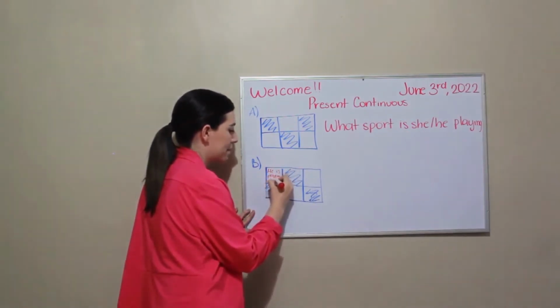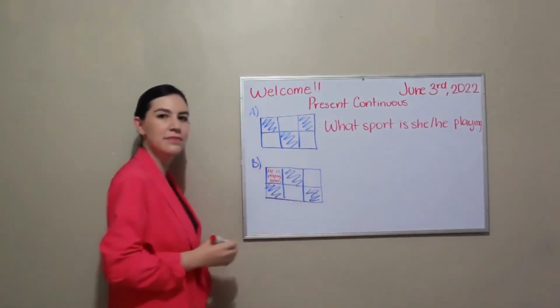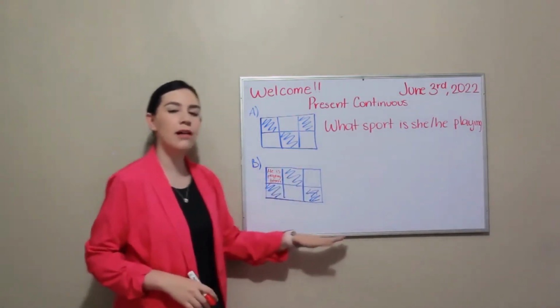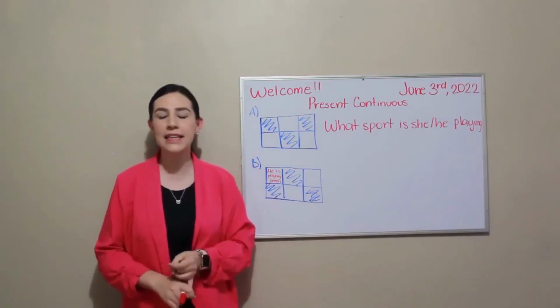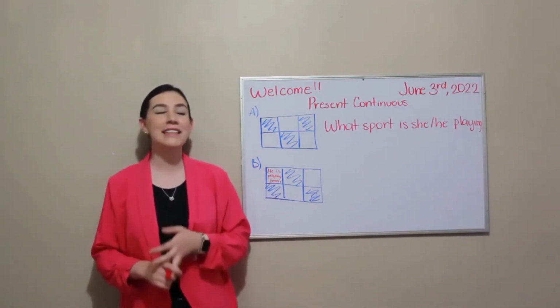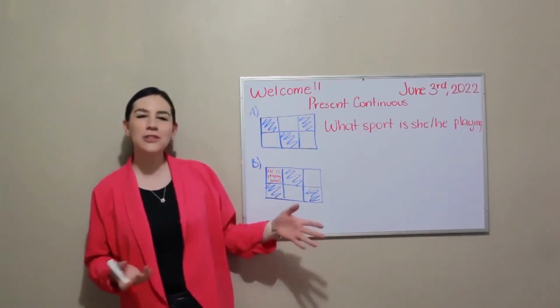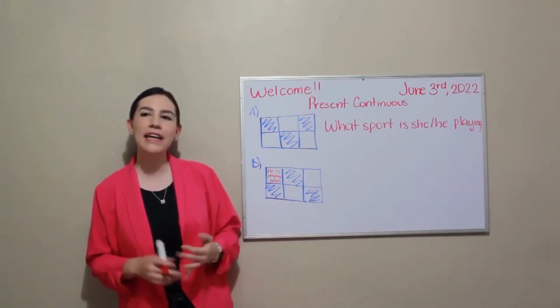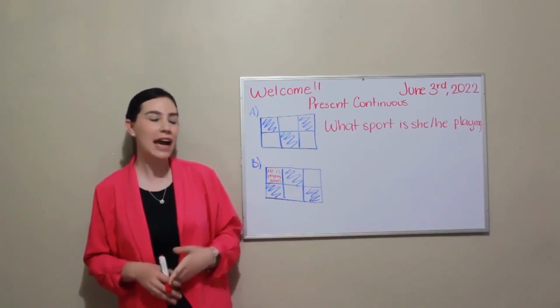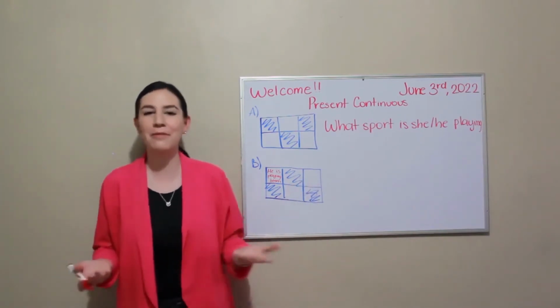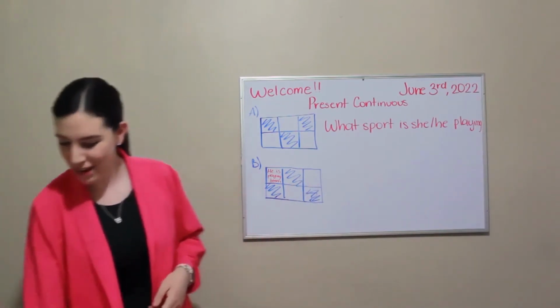Okay? Understood? Yes. This is going to be so helpful for your writing skills, your listening skills, and what else? Actually, the four of them: writing, speaking, listening, and also reading, because you are going to be reading the questions out loud.